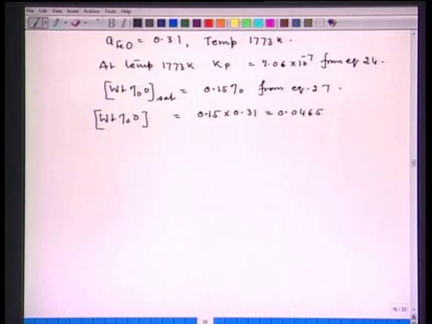You can also calculate it because we did this calculation earlier. Now I substitute all these values and try to find what value of gamma P2O5 I would require to remove phosphorus from metal to slag, or in other words to increase the ratio of Np2O5 upon wt percent P squared. That is what I am trying to calculate.